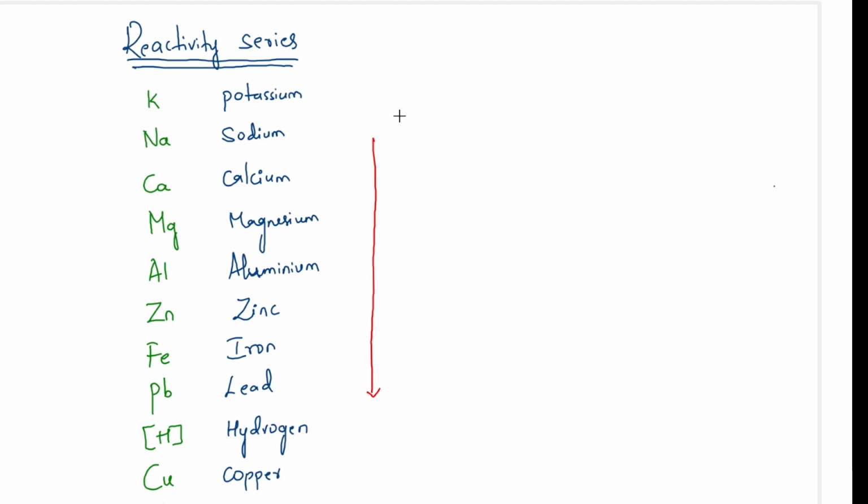And the element which is more reactive can displace the less reactive element from its compound. This reactivity series has been developed based on the different reactivities of metals towards oxygen, water, acids, etc. As you move down this series, the reactivity decreases.